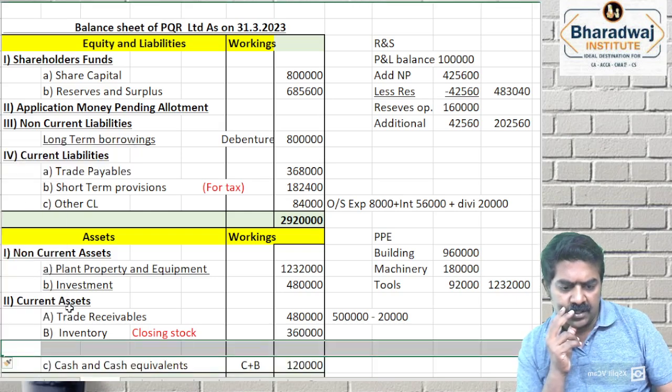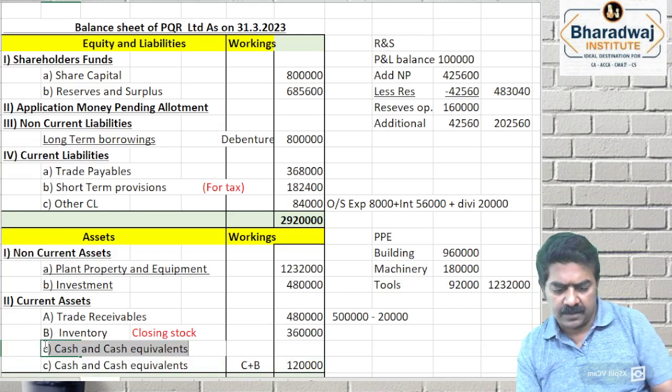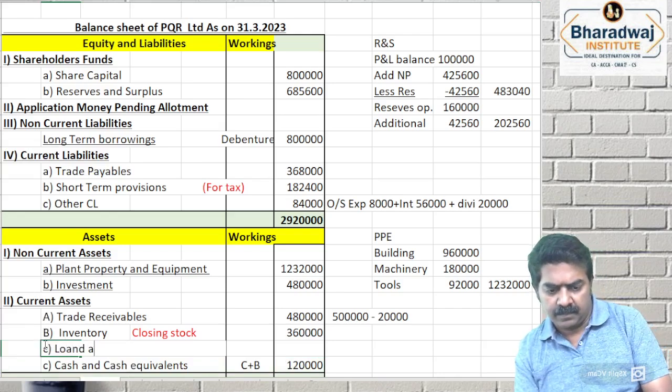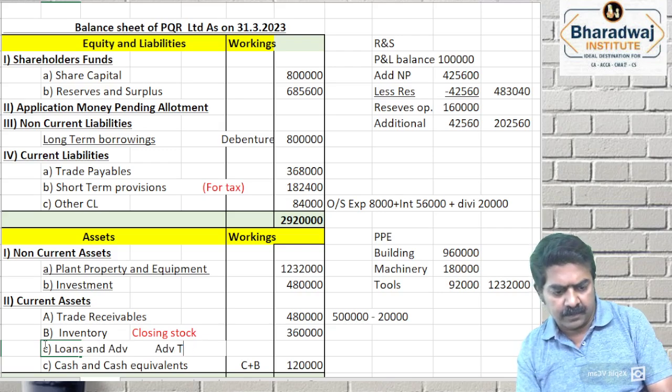Yes, advance tax will come under loans and advances. Then advance tax. How much? 2,40,000.